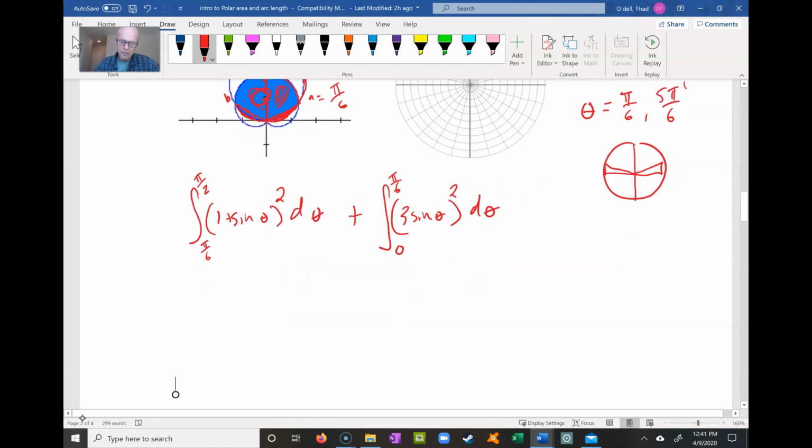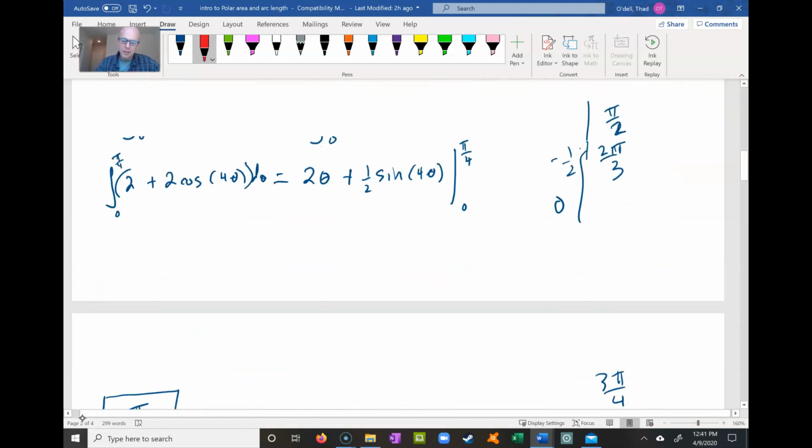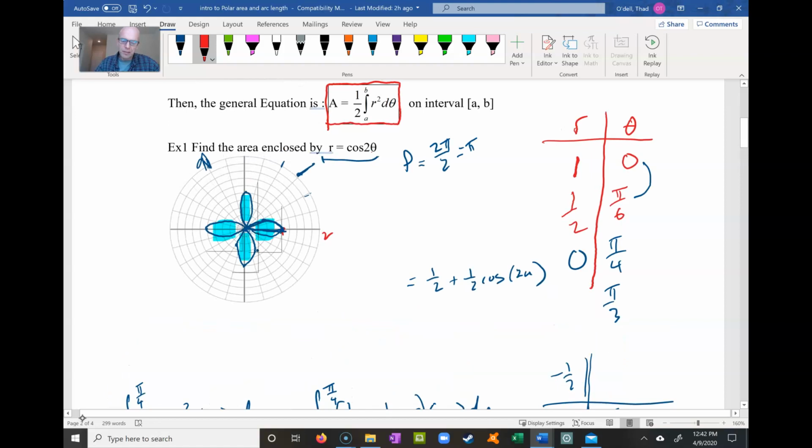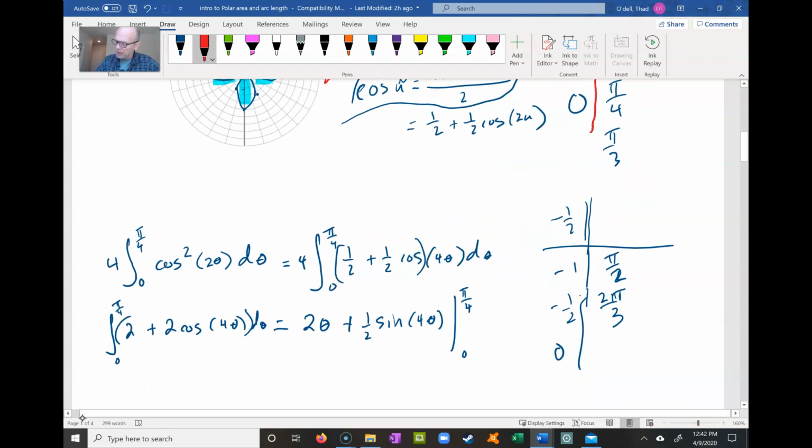Okay, so to make sure this doesn't go too long, I'm going to end the video here. If you remember integration, you should be able to handle this. And also keep in mind that reducing power identity that I showed you up here. It's similar for sine, though a little bit different.